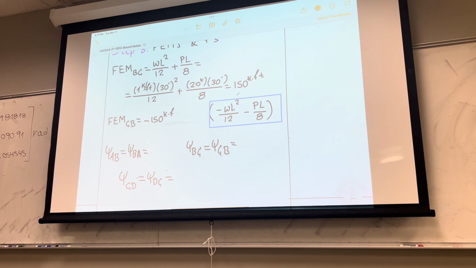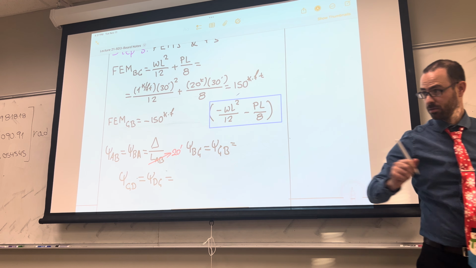But delta A is 0. So here we have delta divided by L AB, where L AB is equal to 20 feet. Psi BC and CB is a vertical movement of the beam, okay?